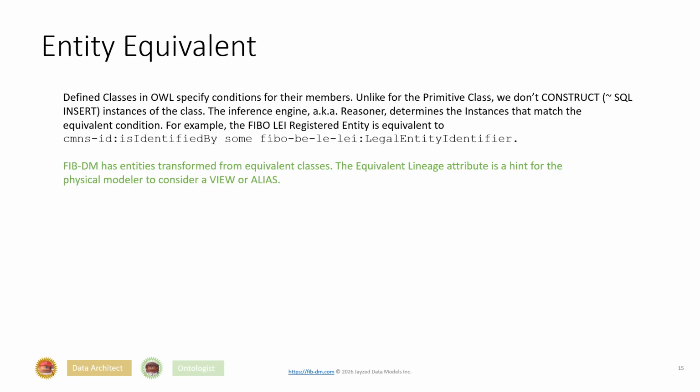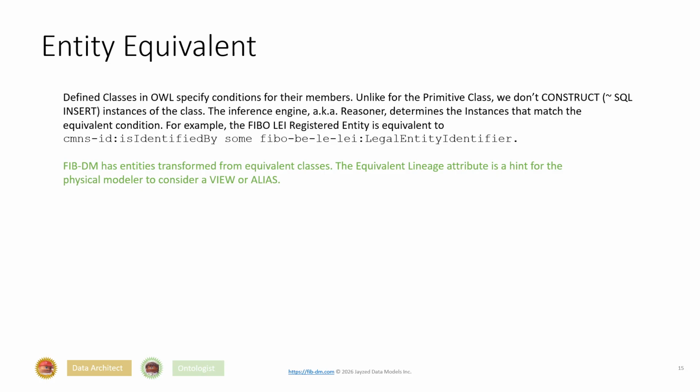Instead, the inference engine, also known as a reasoner, determines the instances that match the equivalent condition. So here in this example, the FIBO LEI legal entity identifier registered entity is equivalent to an OMG Commons entity identified by some FIBO legal entity identifier.